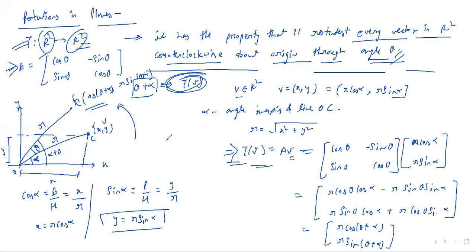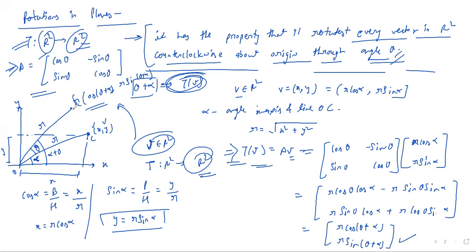So the transformation of the vector v, which belongs to R square, I have transformed this vector to R square, where the corresponding matrix is this. And I got the new vector like this.